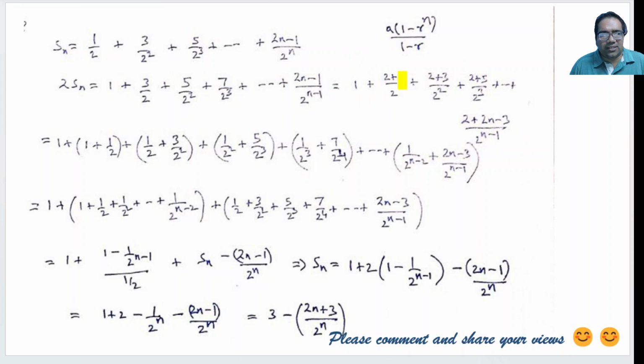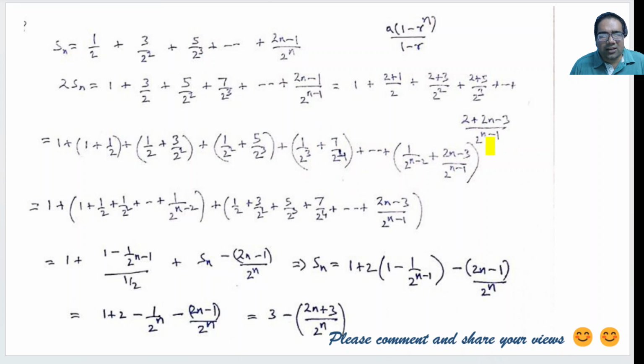Now let's try to split this. Split both these terms. (2+1)/2 is 2/2 + 1/2, which is 1 + 1/2. Similarly, (2+3)/2² is 2/2² + 3/2², and 2/2² is 1/2, plus 3/2². Similarly, (2+5)/2³ is 1/2² + 5/2³. Then 1/2³ + 7/2⁴.